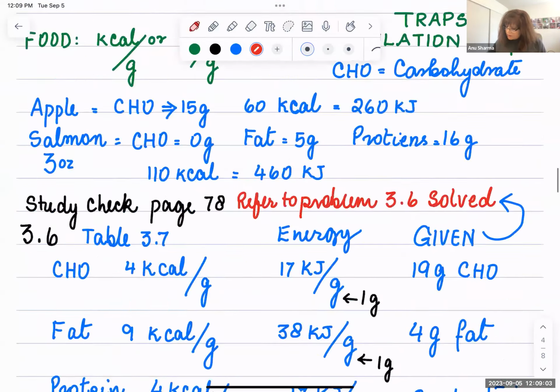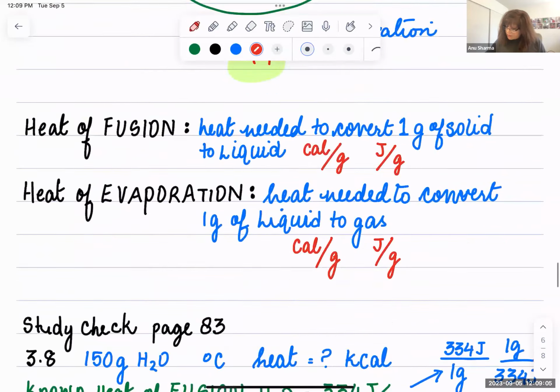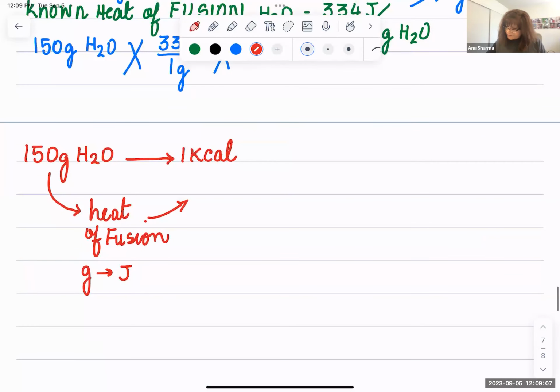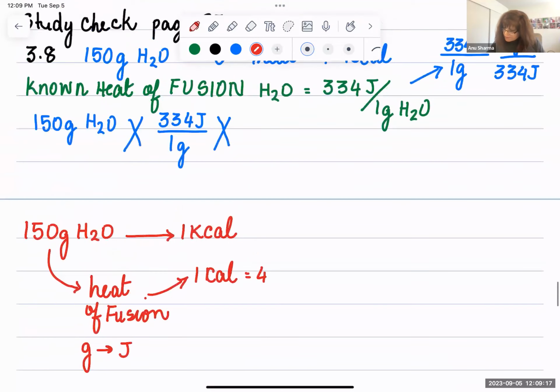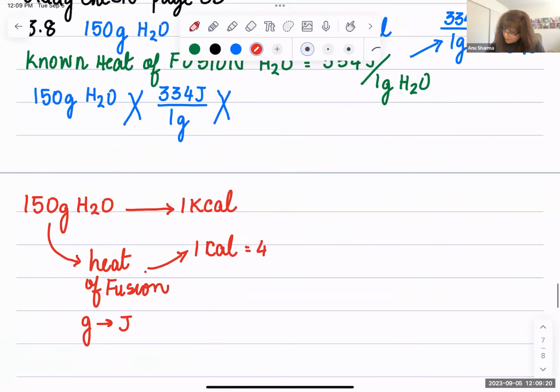That converts the joules to calories, and then calories to kilocalories.